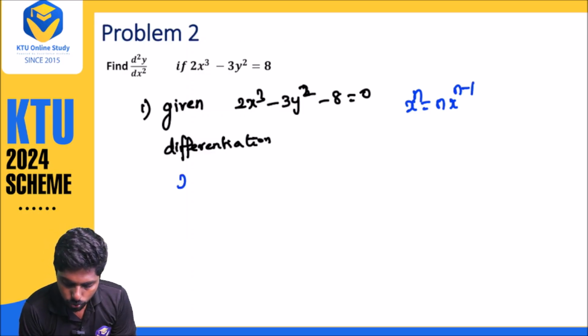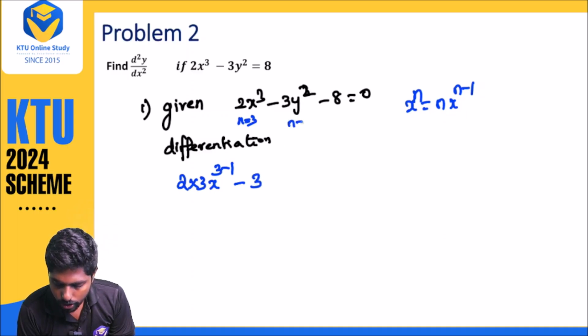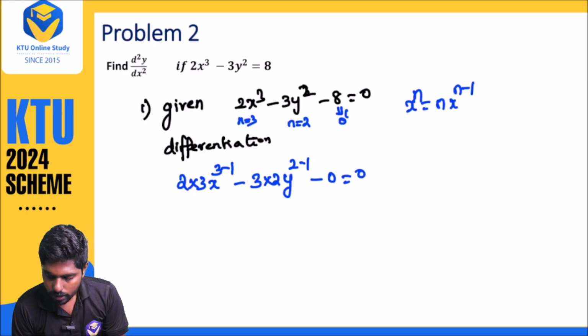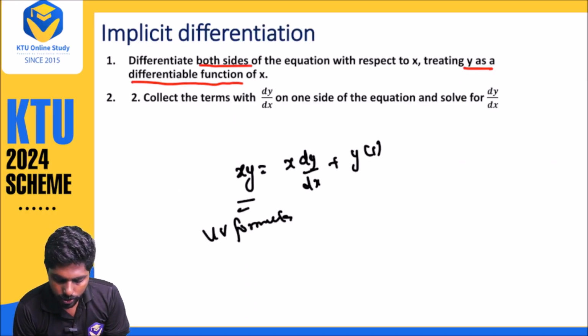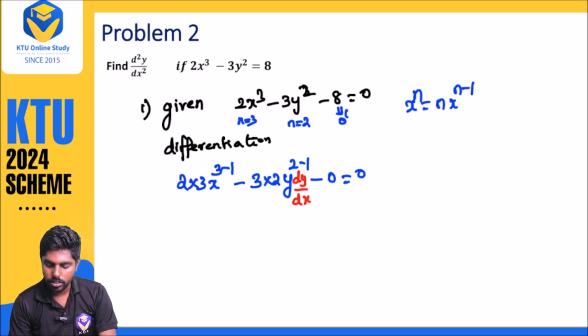So 2 into 3 x power 3 minus 1, minus 3 into 2 into y power 2 minus 1, and the constant becomes 0. And we know the concept that y is a differentiable function of x, so dy by dx will come here.